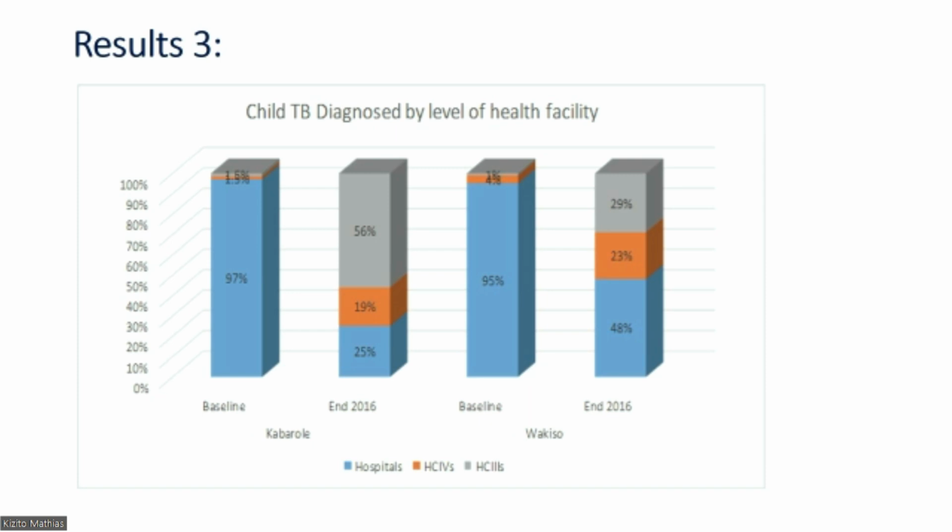We repeated the assessment at the end of the study, and you can see that we had case notification at the various levels of care at the end of the project. This really highlights that it is feasible to decentralize capacity, and children will be able to access services closer to the community and probably improve on treatment outcomes.